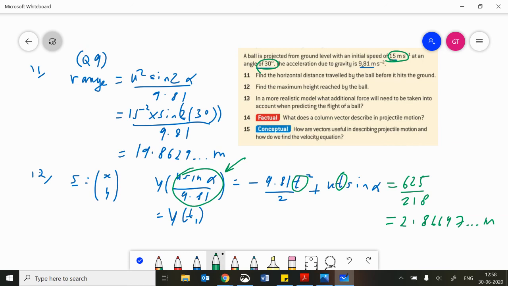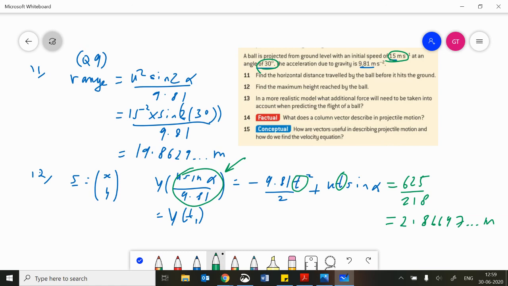Okay, and 14 and 15 are just discussion points here as well. What does the column vector describe in projectile motion? Well, you can answer that one. It's breaking down our speed or our velocity into X and Y components.